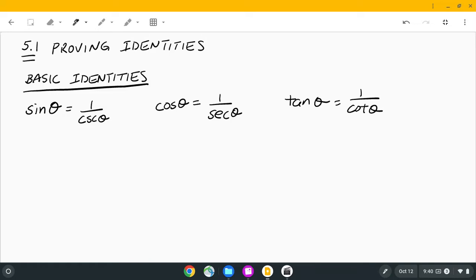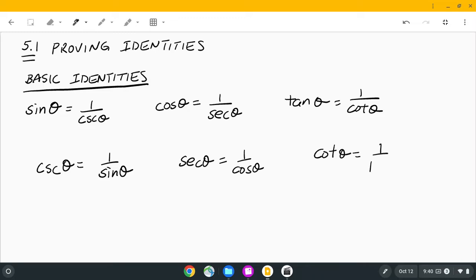And same thing the other way around. Cosecant is 1 over sine, secant is 1 over cosine, and cotangent is 1 over tangent.